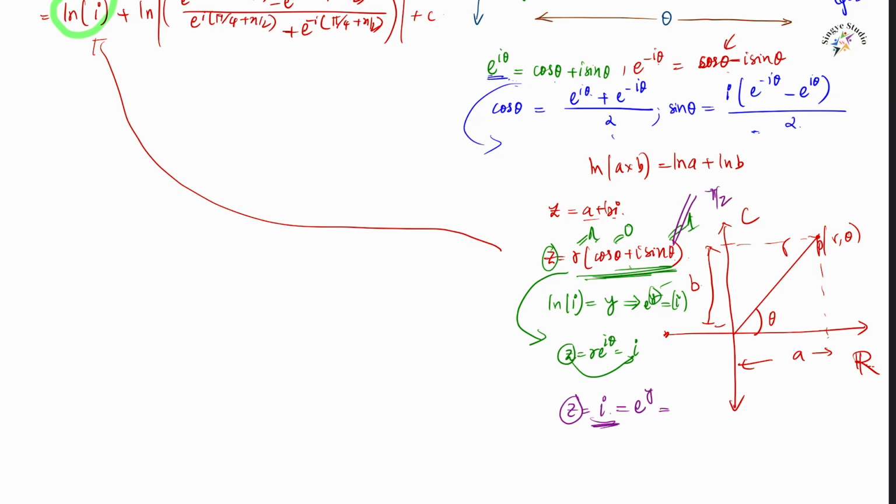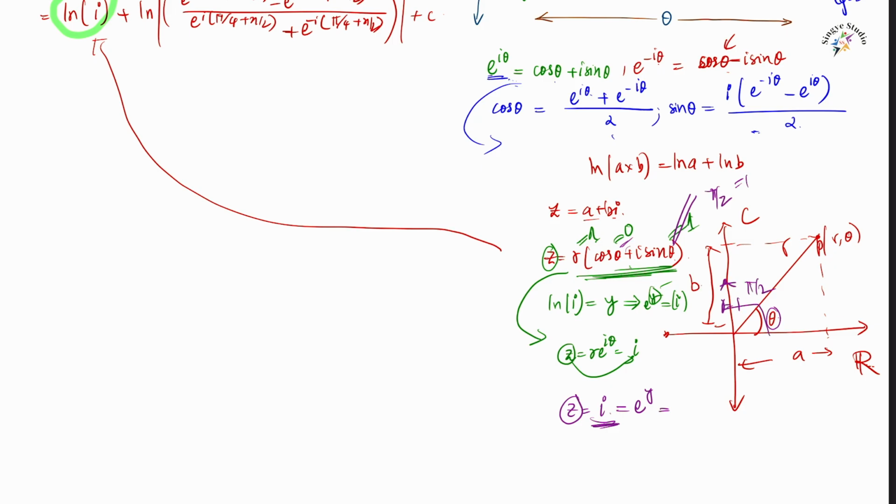This is because sine pi by 2 is just equal to 1 and cosine pi by 2 is just equal to 0, which means here for i, our r value is 1 and the angle, which is this theta value, is just equal to pi by 2.